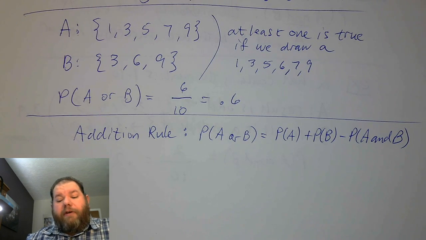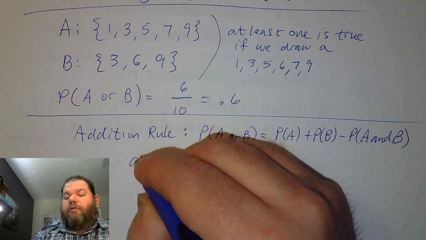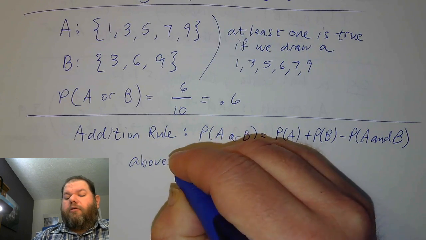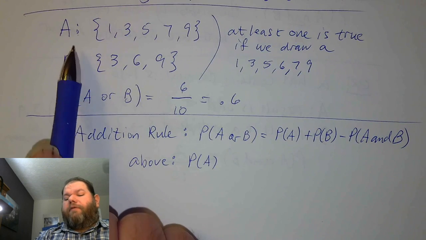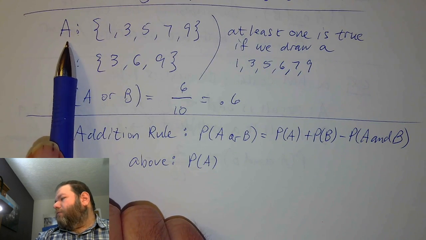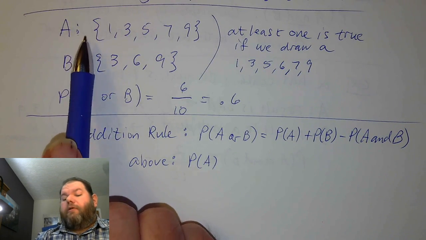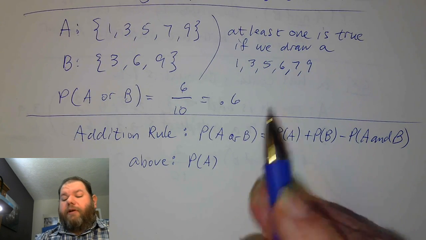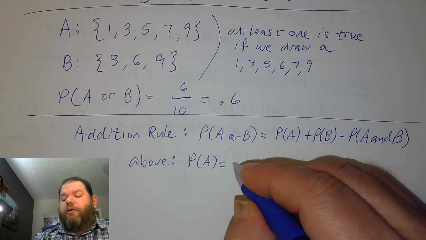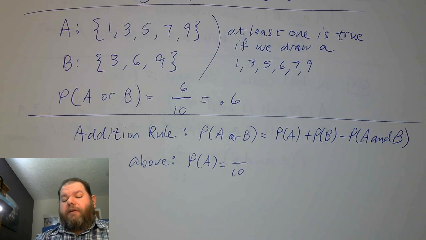Let's look at the above example. What is the probability of this event A? So we take the number of ways that A might be true divided by 10.